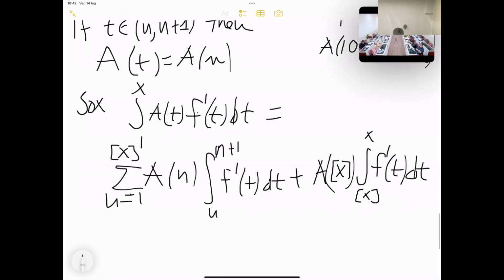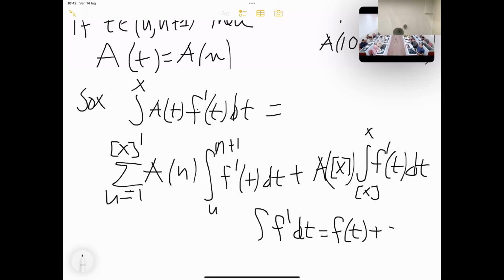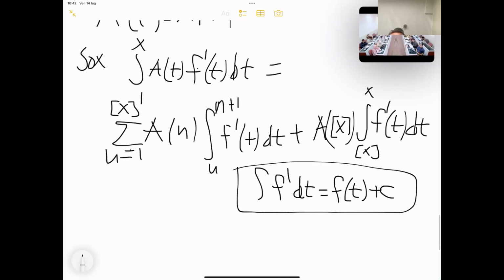Right? At this point, we can use the fundamental theorem of calculus, which tells us that the integral of f prime dt is equal to f of t plus a constant. So this is the fundamental theorem of calculus.